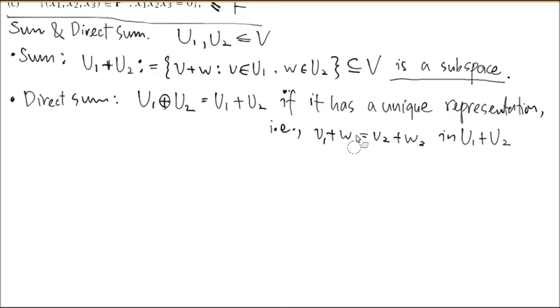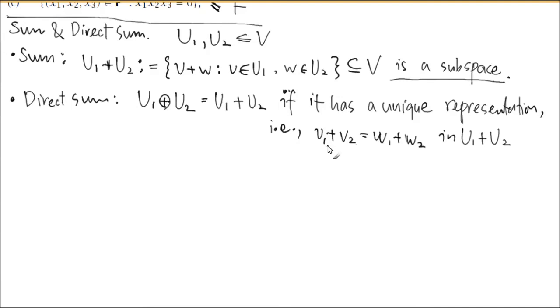This should be w2. No, it's a v2, right? So it's a v2 so that it goes with that index. So I'm going to use w1 and w2. v1 came from U1, w1 came from U1. v2 came from U2, w2 came from U2, right?